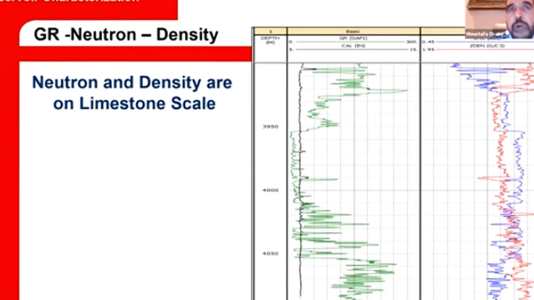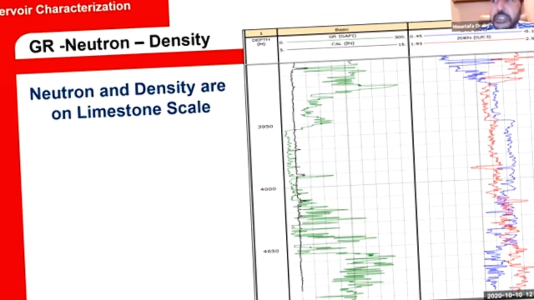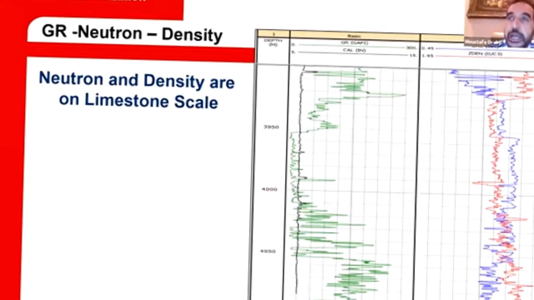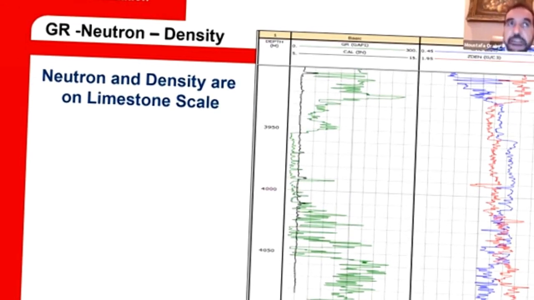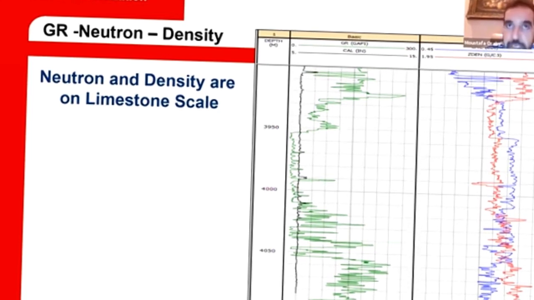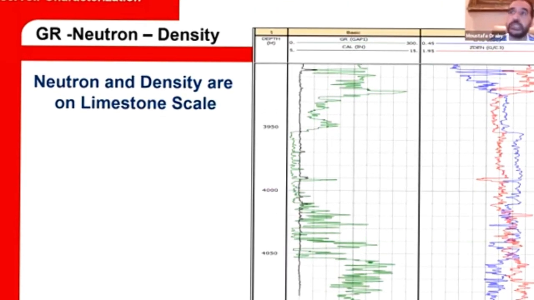How can I put my rock, which I'm very sure it's sandstone, how can I put this on limestone? How come the API is forcing me to go and use the limestone scale? Okay? And that's the whole thing about this presentation. We really need to understand the thinking that the API used to help us identify lithology by forcing us to go for limestone scale.